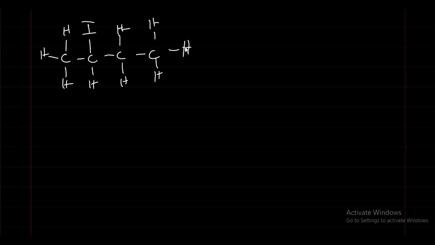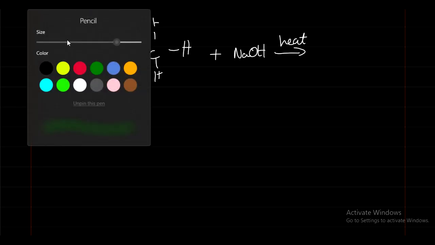You should know how to name these molecules by now. So now if I add a concentrated solution of sodium hydroxide with some heat, what product am I going to get? That's my question. Which hydrogen are we going to eliminate?